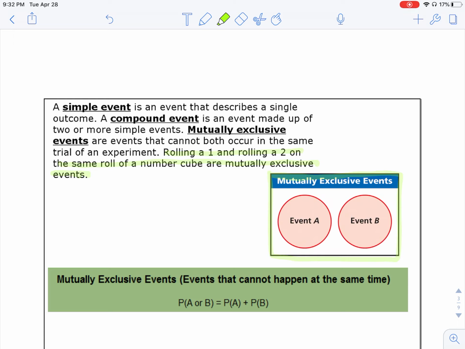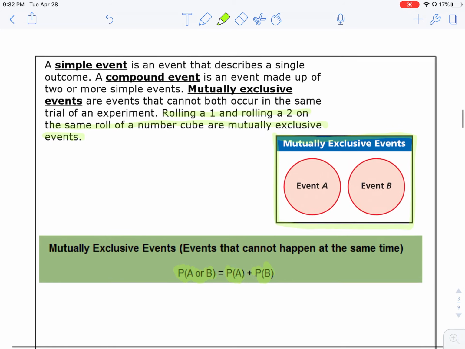They can't happen at the same time. All right. So the probability of A or B, if they're mutually exclusive, is just the sum of the probabilities separately. So the probability of A or B is equal to the probability of A plus the probability of B because they're mutually exclusive.